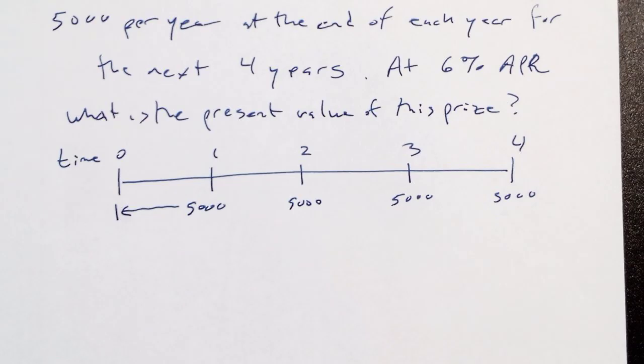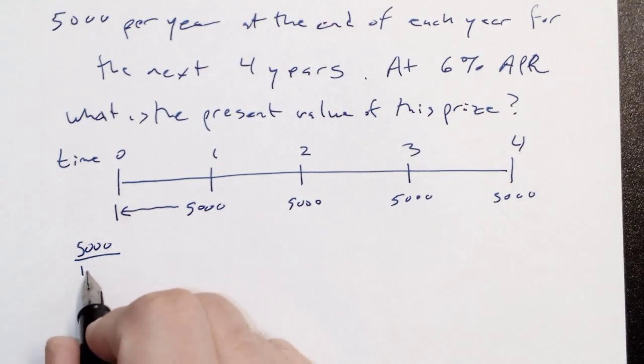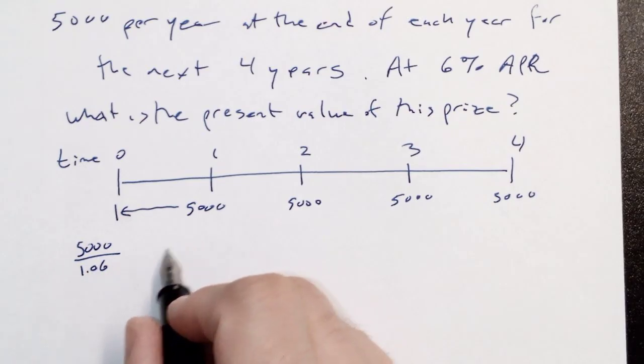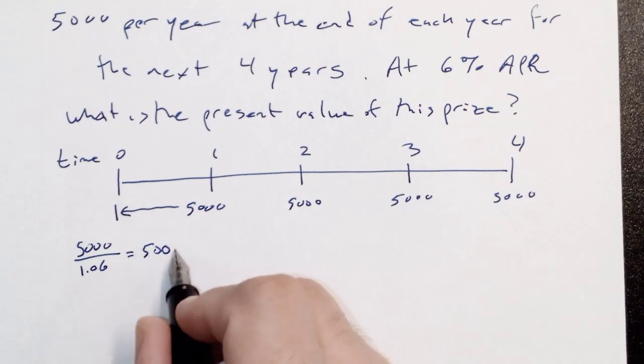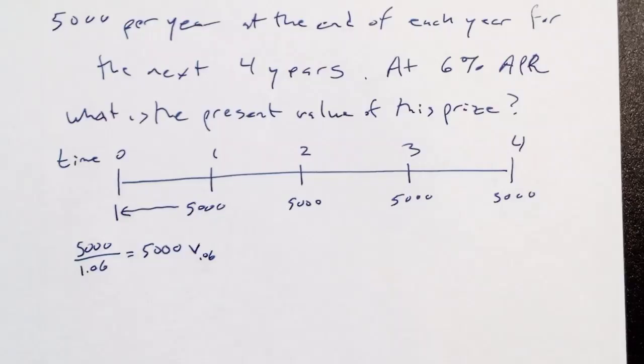That would be 5,000 divided by 1.06, or 5,000 v 0.06. Yes. So do that calculation and you'll come up with some number.